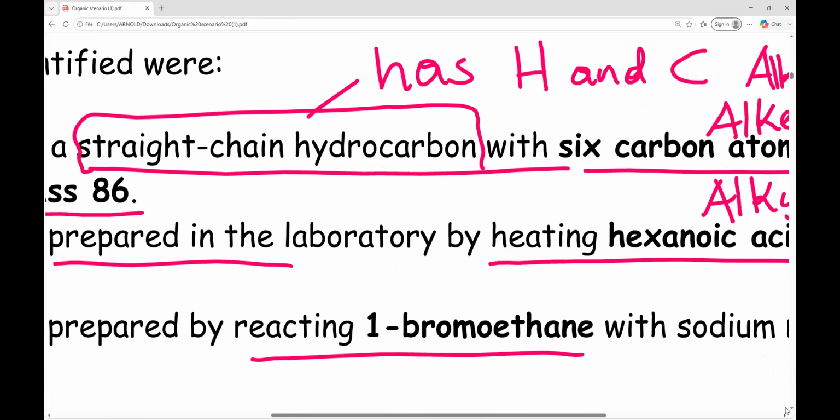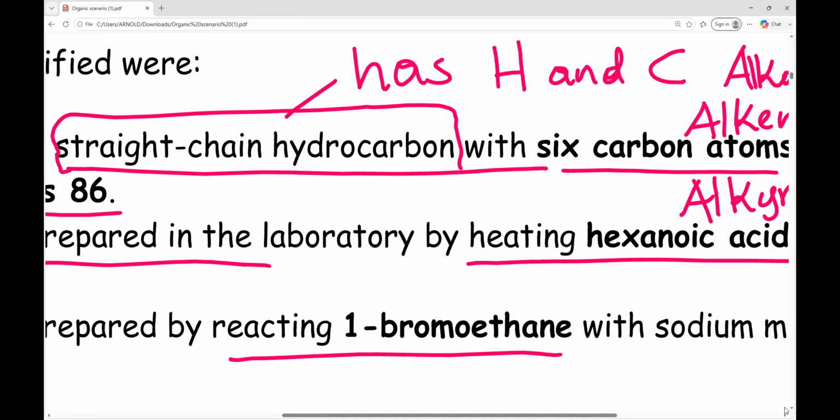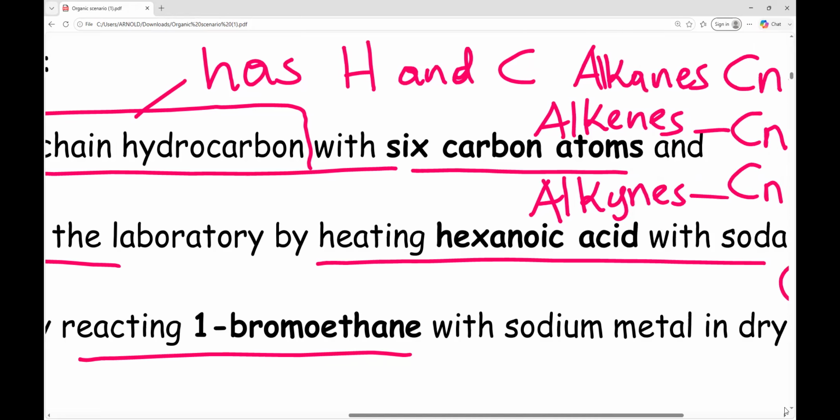There are three hydrocarbons: alkanes, alkenes, alkynes. Those are the three forms of hydrocarbons we are going to interact with. However, with time we shall see that there are others.